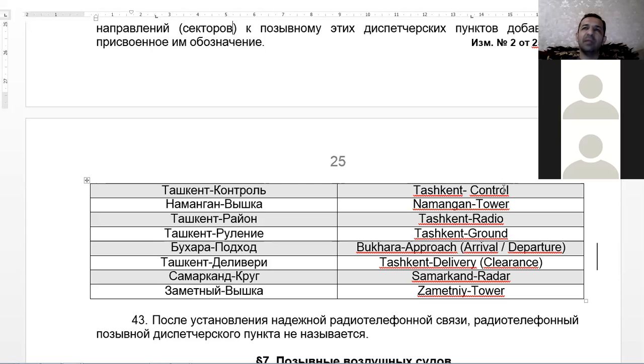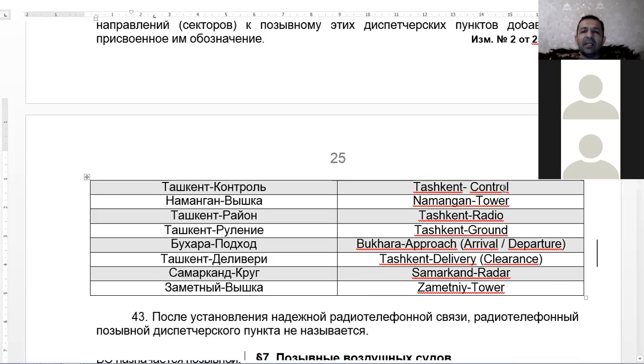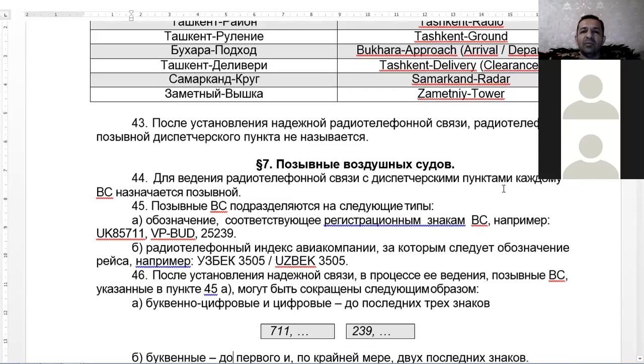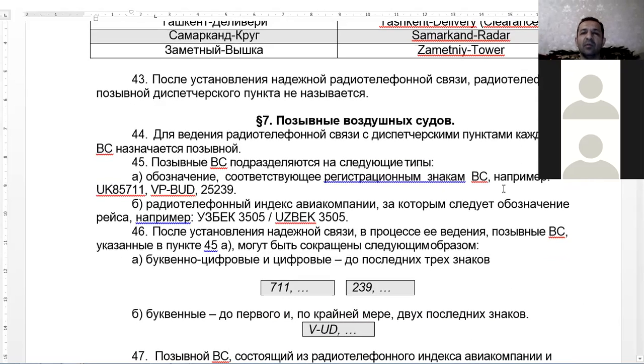Zametny, Kalakolchik, or Birkut Tower, etc. It's the name of the tower to distinguish it from the others. Okay, next is the call sign of aircraft. The call sign of aircraft usually uses the registration number.